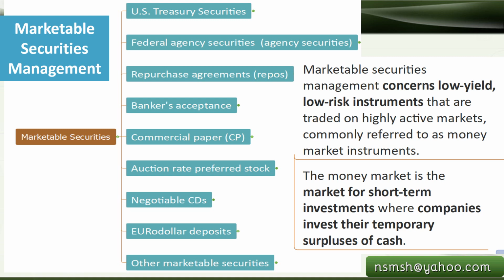In working capital management, we discuss the current assets, which are short-term in nature. While discussing that, we saw cash management in an earlier lecture, and now we are talking about cash equivalents, that is, marketable securities management, which are traded in the short-term money market.